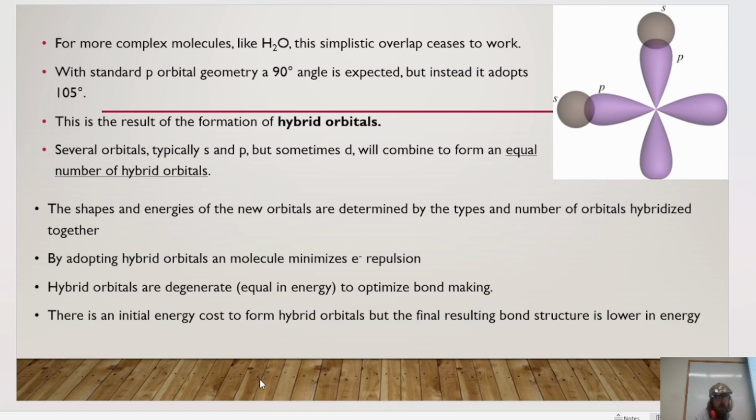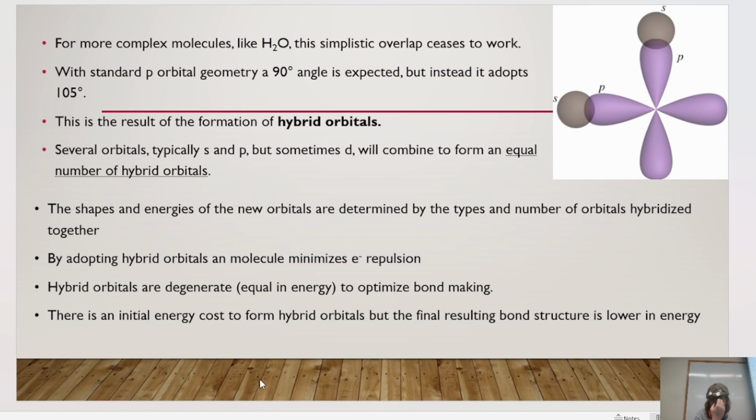When we make hybrid orbitals, they are degenerate in energy, which means if I combine an s orbital, which is low energy, and a p orbital, which is high energy, I get two new orbitals that are both equal but mid energy. I take a low energy and a high energy and get an averaging of the two, or three or four.